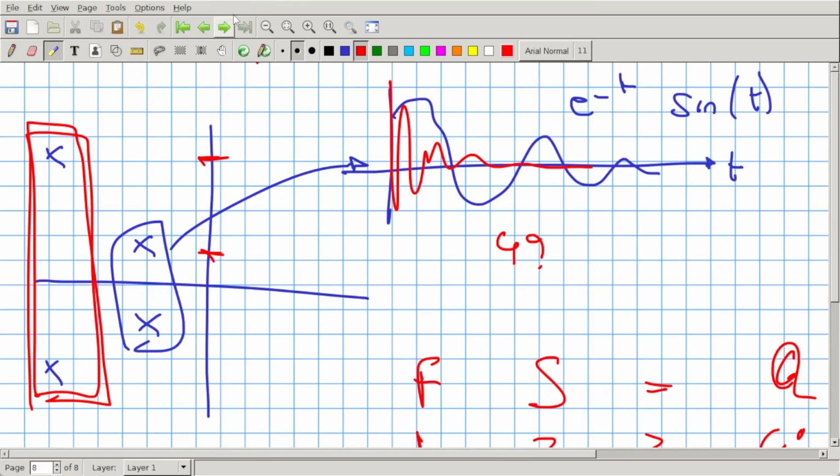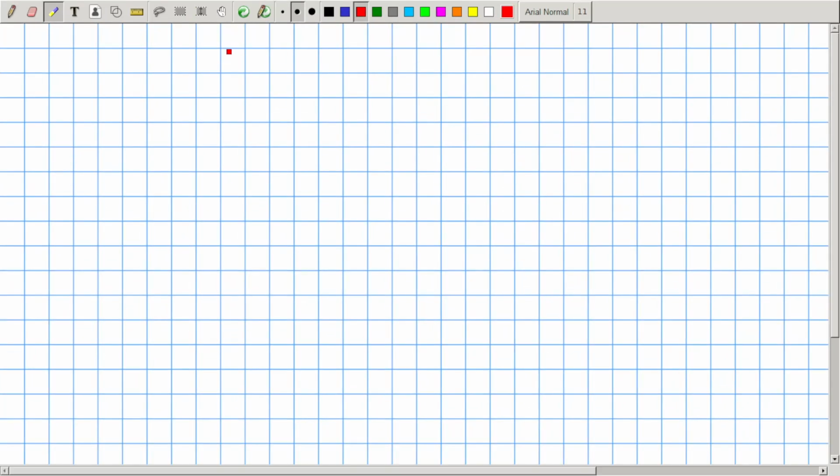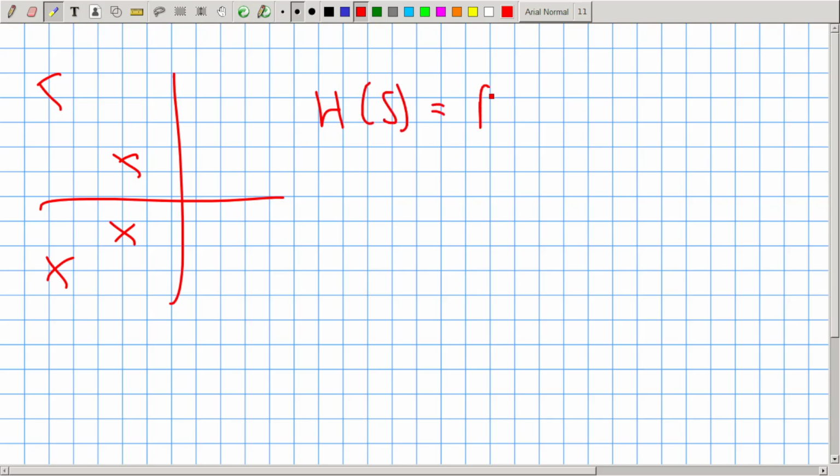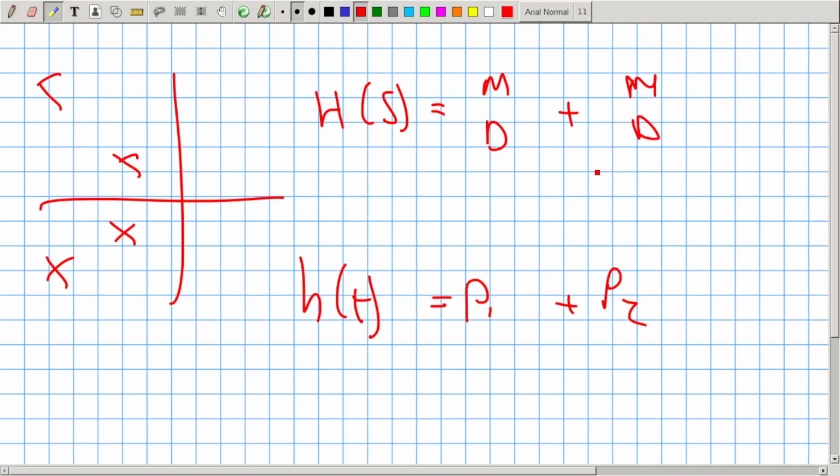Interesting part, and now we kind of put the things together. Whenever I have something like this, h of s is part 1 plus part 2. True? That means h of t is part 1 plus part 2. And it's something over a denominator, something over a denominator. This one I can do with the lookup table, but somehow the numbers are going to pop out.